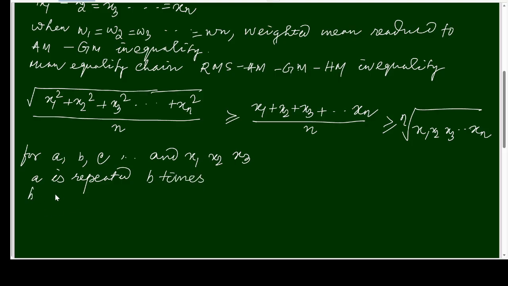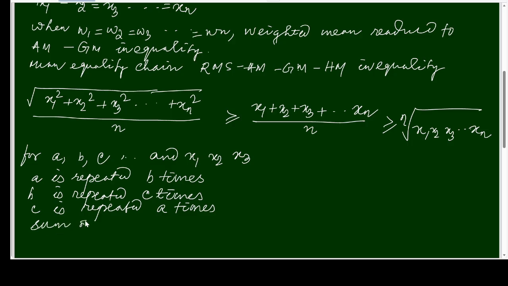B is repeated C times, so C is the weight. C is repeated A times, so the sum of weights is AB plus BC plus CA.